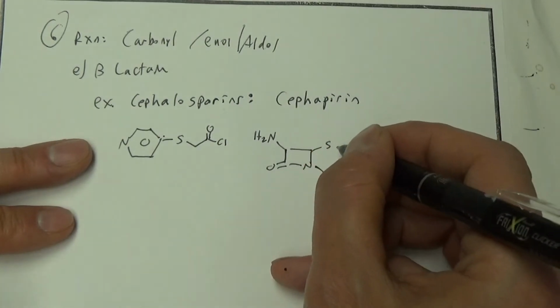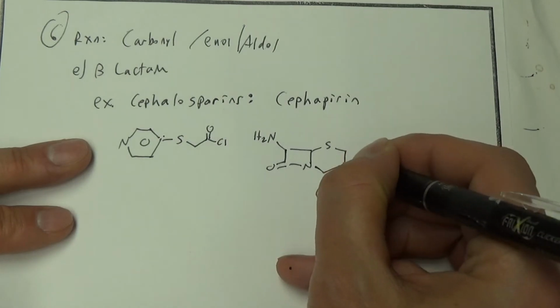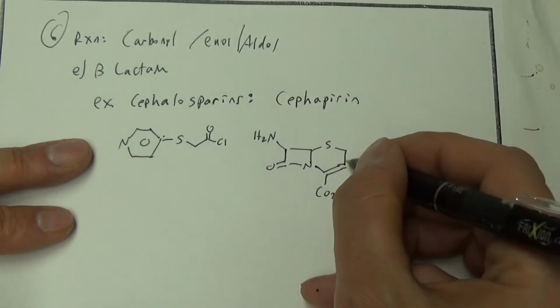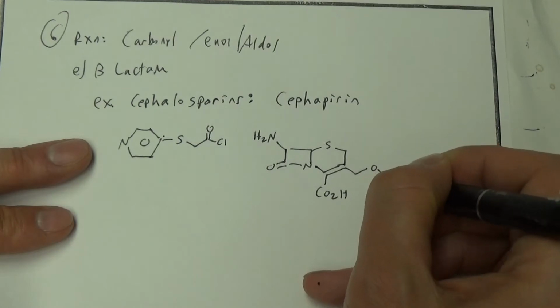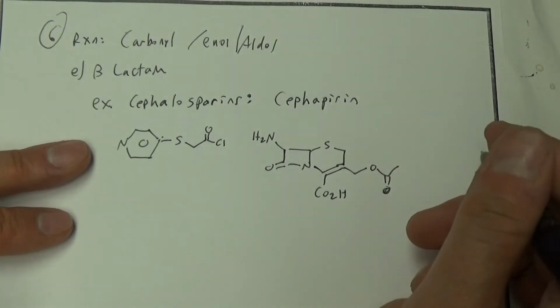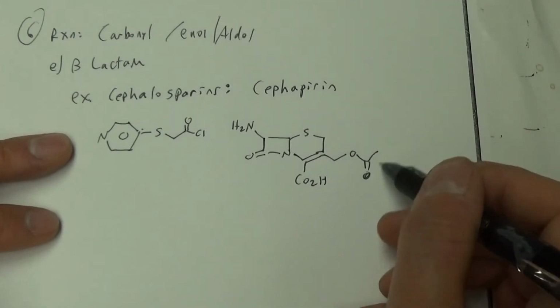Remember, the cephalosporins have a 6-member ring. They also have this acetate out here, the CH2 and then the acetate thing.